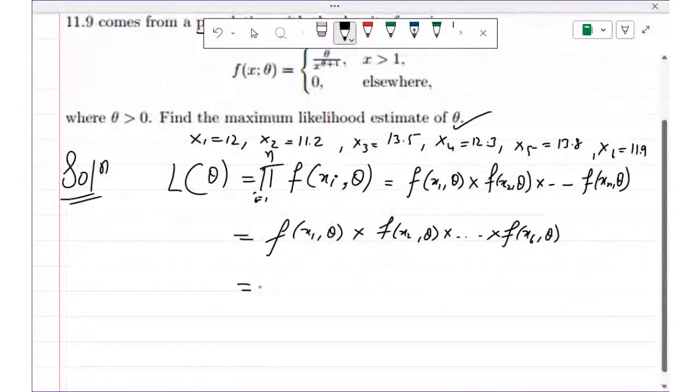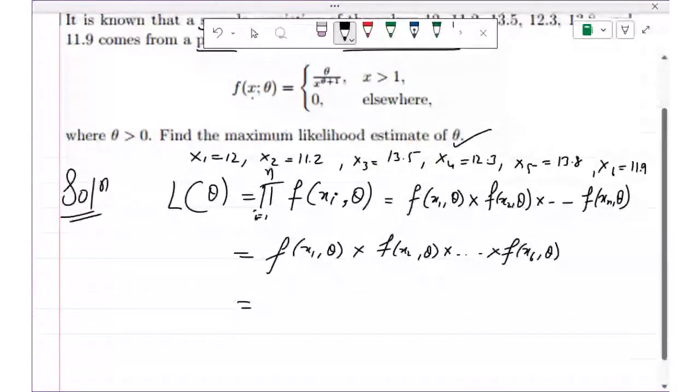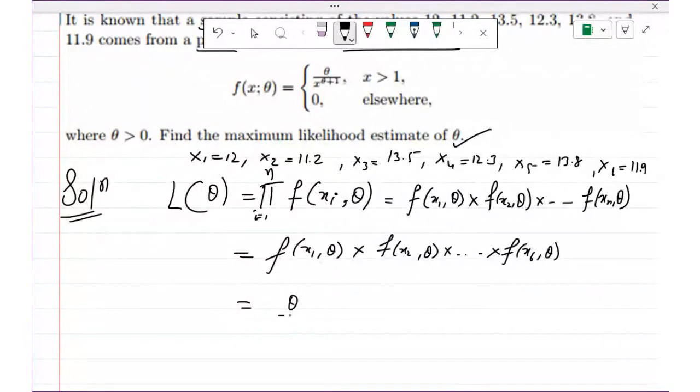So let us put these values. First I will put 12 in place of x in the density function. If I put 12 here, I will get theta upon 12 raised to power theta plus 1.